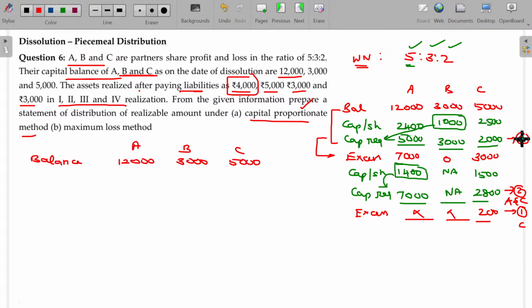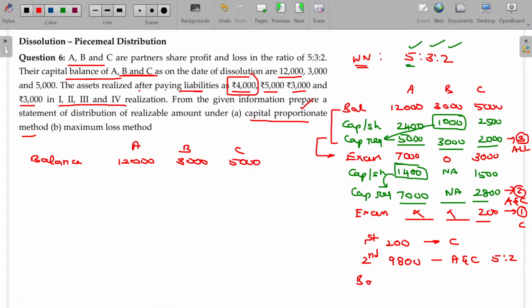While making this payment, all the partners will come. Hereafter all the partners naturally will come. First 200 is only for C. Next 7,000 plus 2,800, 9,800 is for A and C, in what ratio? 5:2 ratio.